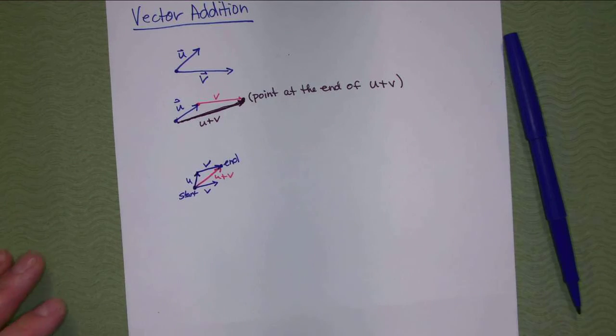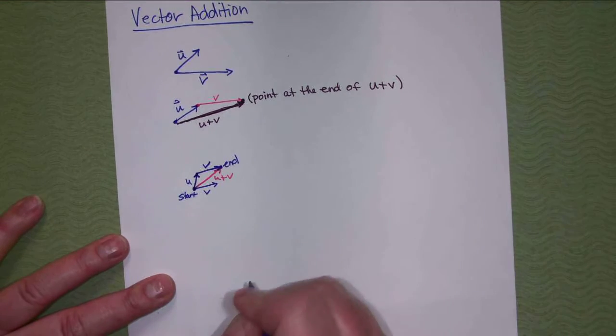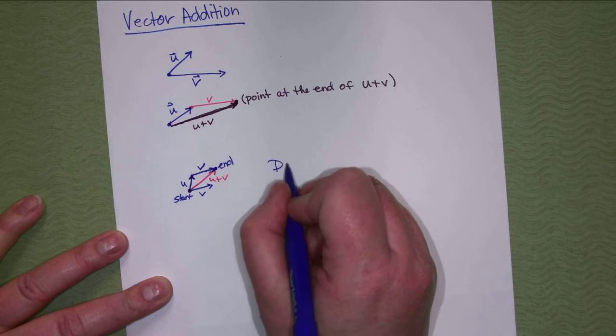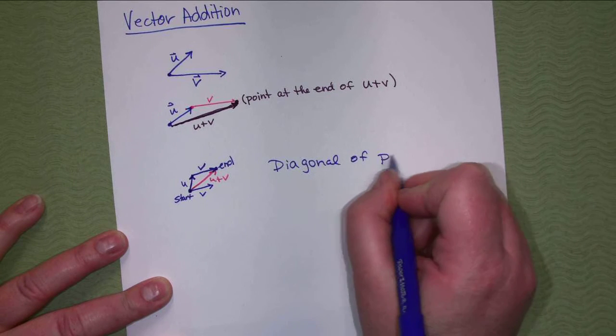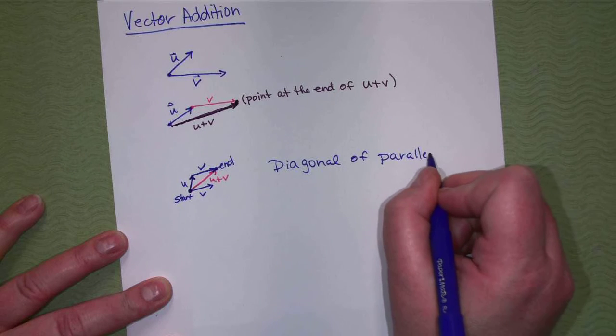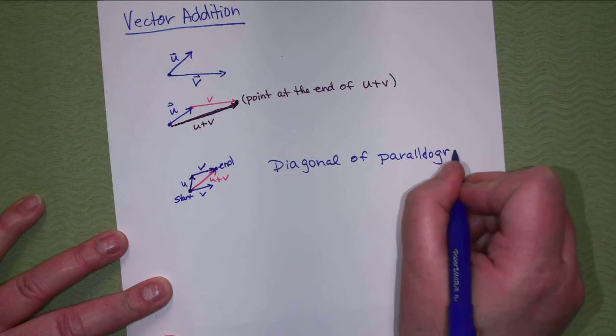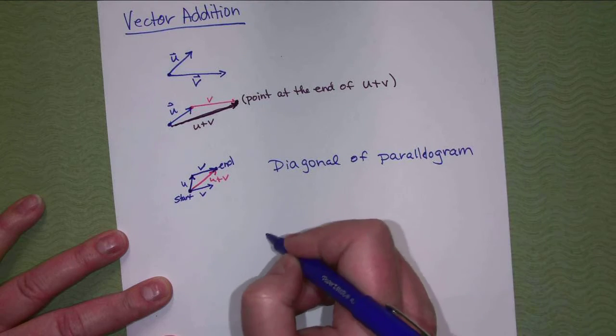We'll put numbers in here in a minute, but we say that this is the diagonal of a parallelogram. So what does that mean?